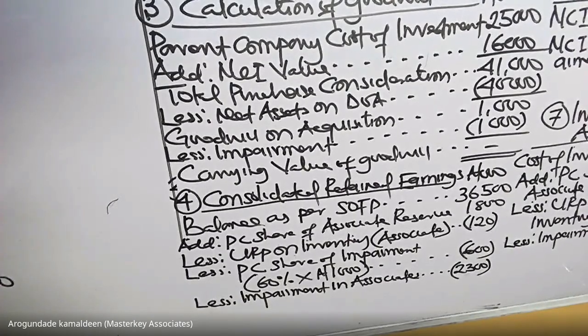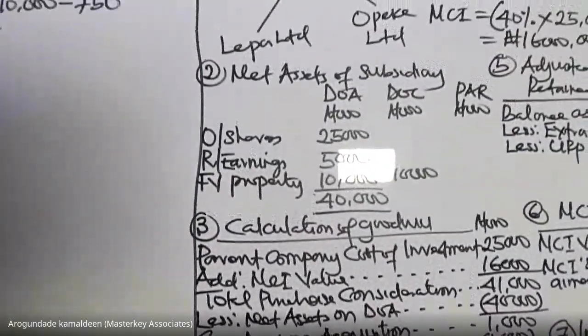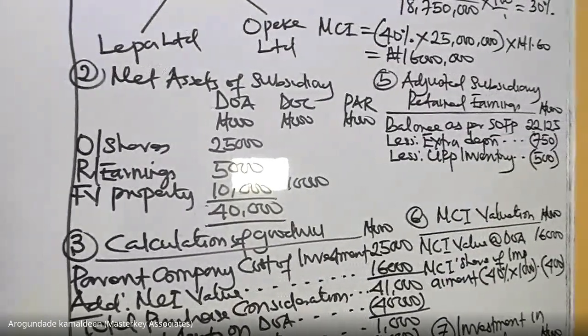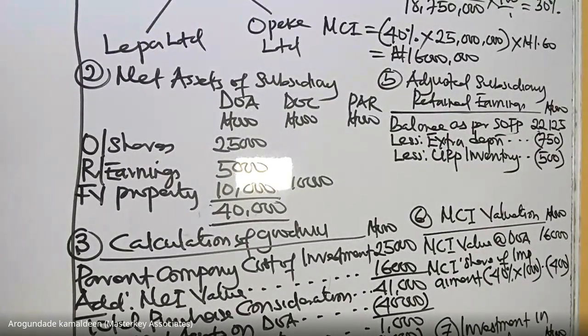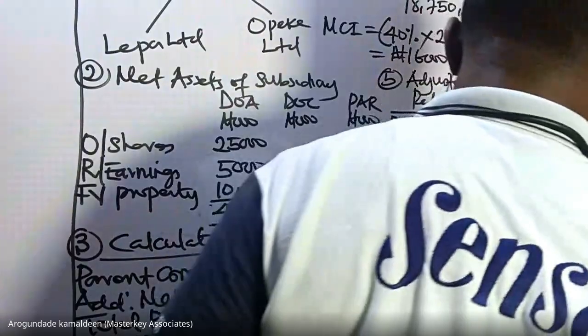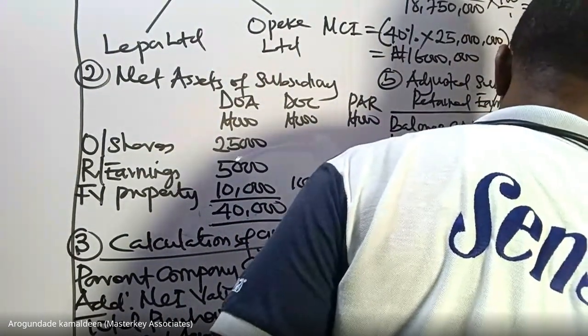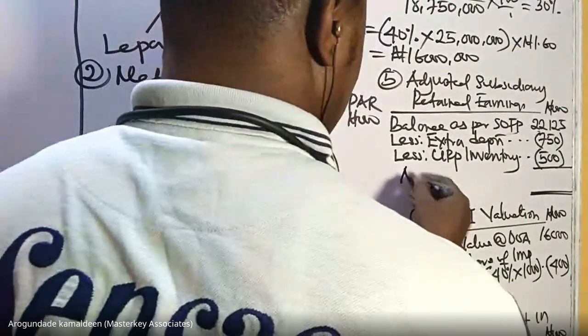So let's go now and close the account. We are done. Firstly, let's find the adjusted subsidiary retained earnings here.